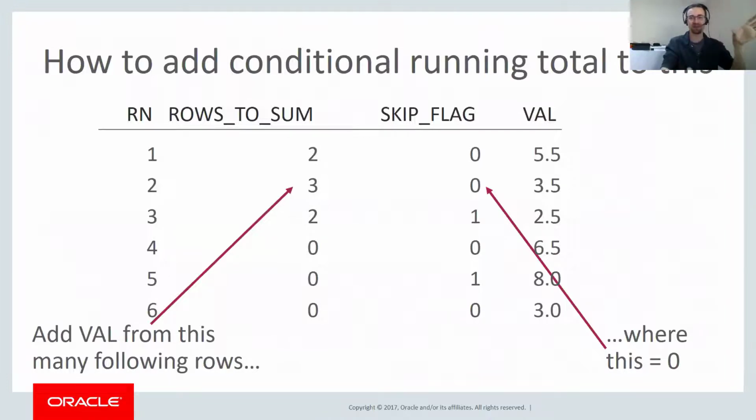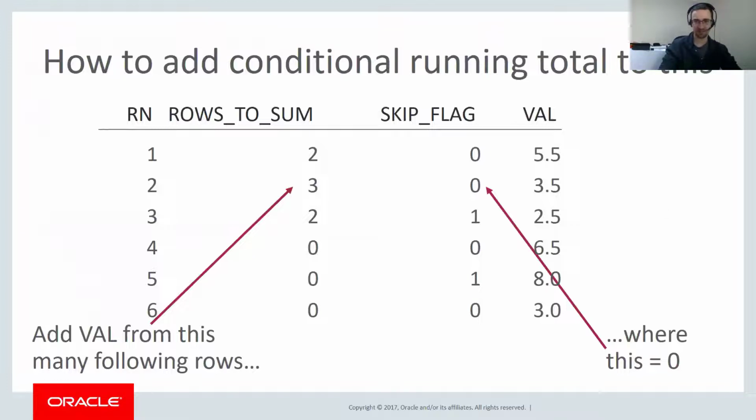So take the value from the current row and then add on the sum of all the following rows. I guess maybe you could map skip flag to null and ignore those. I'm still not sure exactly how that would work. If anyone can find a solution or think of a way to do it, then please share. So any other questions or comments on this before we move back?